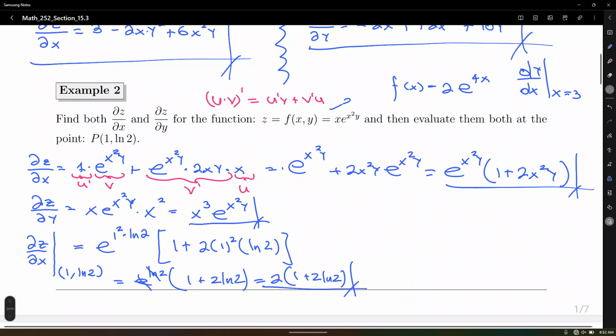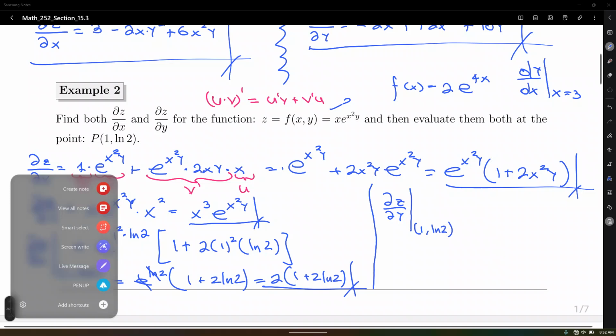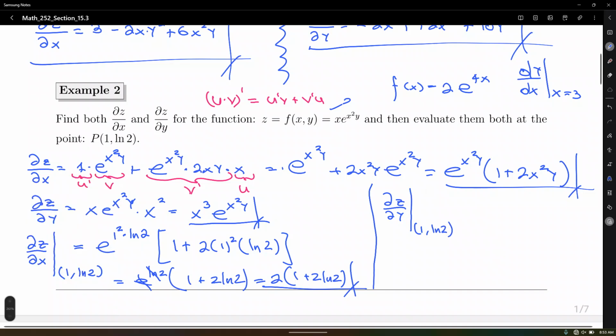Okay, and lastly, to wrap up the exercise, let's evaluate the partial derivative of z with respect to y at 1, ln of 2. So the function we got earlier with respect to y, just substitute x equals 1 and y equals ln of 2.